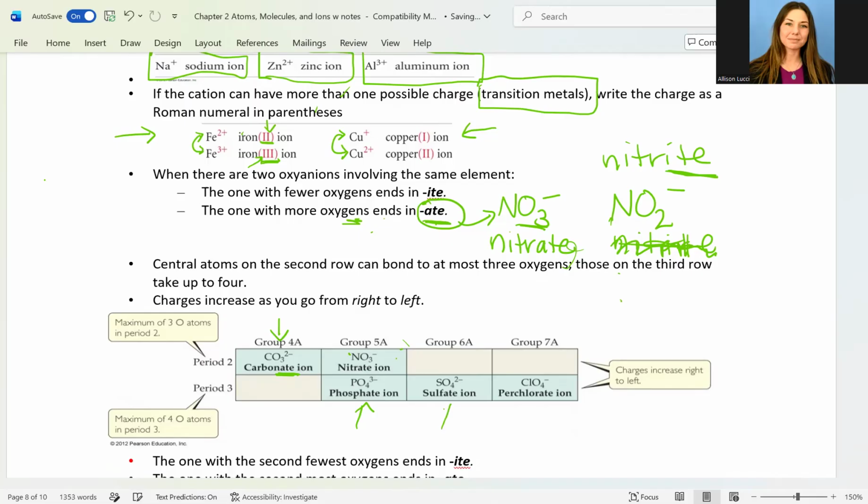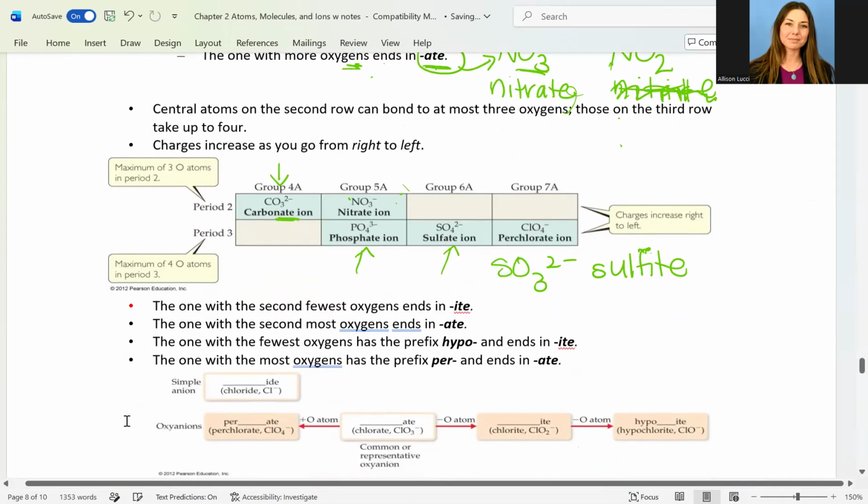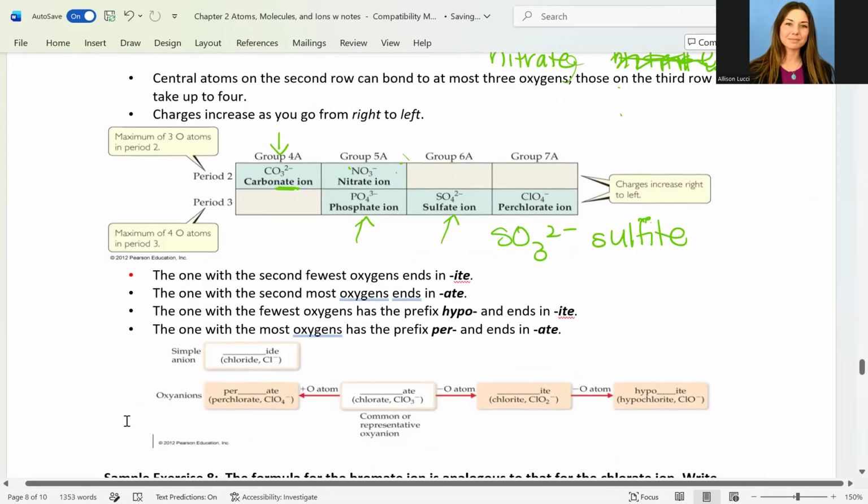We can also see sulfate, SO4, and then SO3, 2 negative. This will be sulfite. As we go through and learn some common nomenclatures, you'll see this trend: the lower number of oxygens in the oxyanion always has the ITE ending. The higher number has the ATE. If we have 4 in a group, we add a prefix in addition to our suffix.